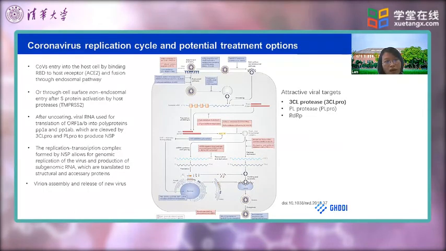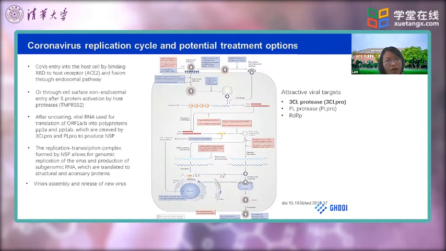In this slide, I will briefly talk about the coronavirus life cycle and the potential treatment options. Here's a figure I took from a Nature Reviews article published in 2016. This figure describes the replication cycle and the related treatment options.